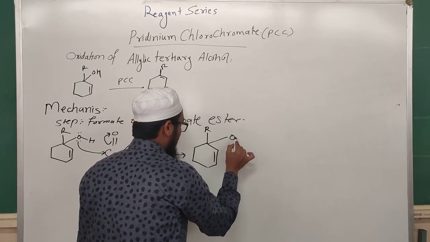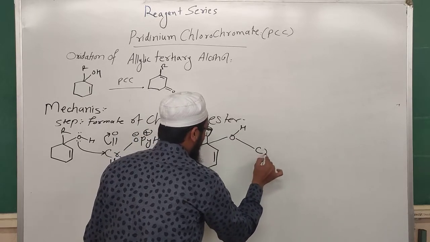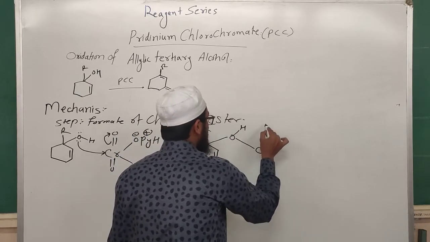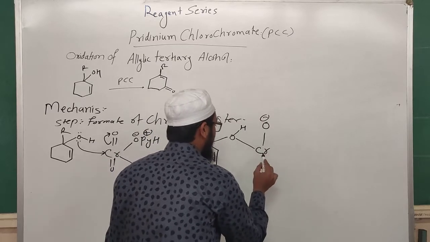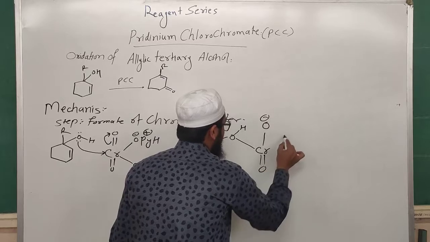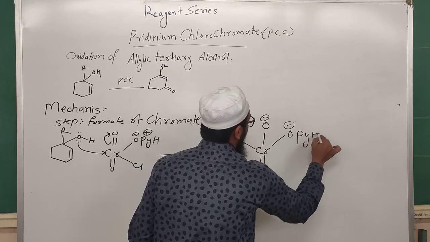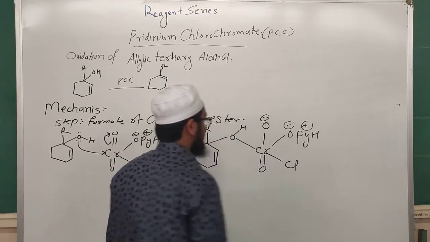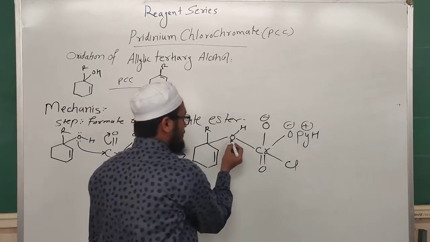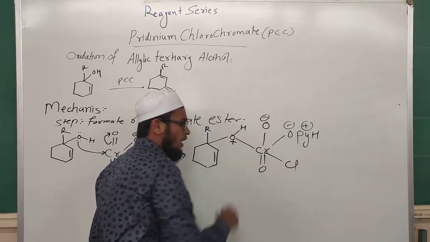Now the oxygen, which has a hydrogen, is getting attached to the chromium. This chromium oxygen bond, which was a double bond, now becomes single, with O negative, PYH positive, and chlorine. Now look at here, this oxygen is trivalent, so it has a positive sign.